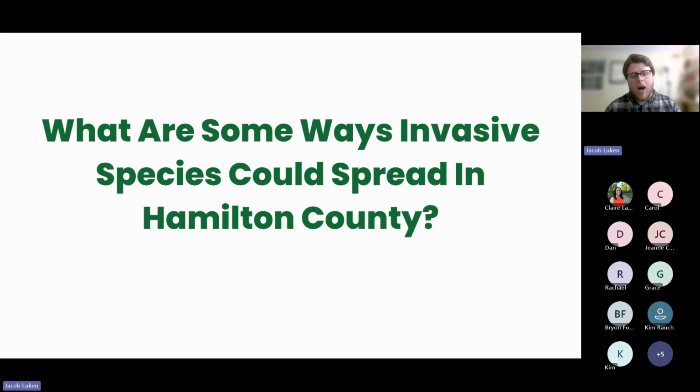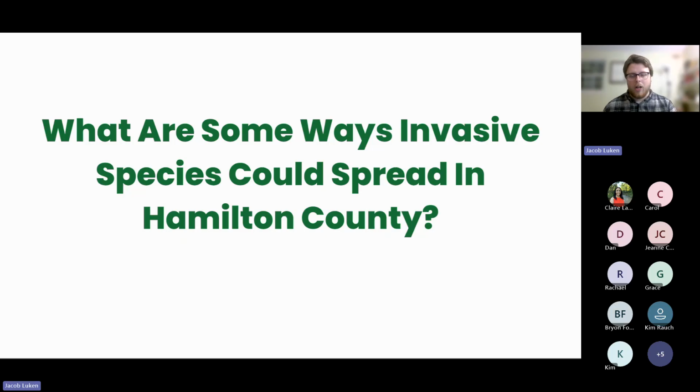Another really big one would be tourism. We get a lot of traffic and tourism in and out of Hamilton County. I-69 runs right through the center of the county, and lots of people come from around the state there. 465, of course, is on the bottom side of the county, and then all the major routes all through it as well.